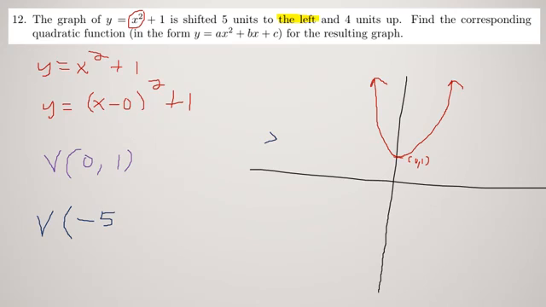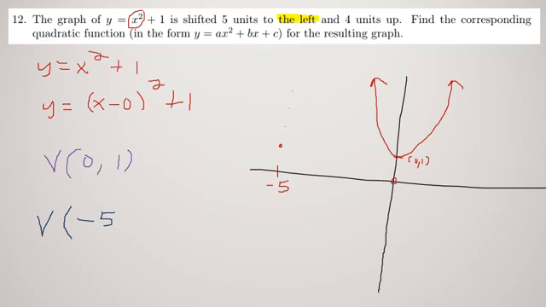Let's see. So, from 0, napunta siya sa negative 5. Somewhere here. Lalagay ako ng dot. So, yan ang negative 5. Ito ang origin. Tapos, 4 units up. So, from 1, 1, 2, 3, 4.